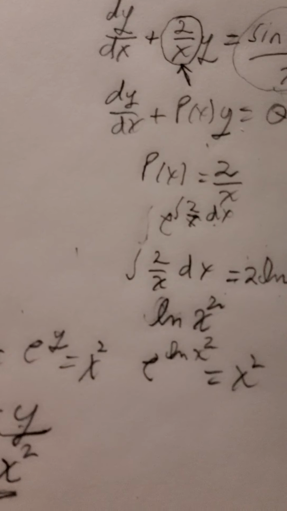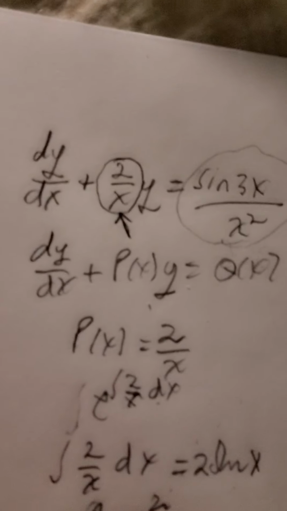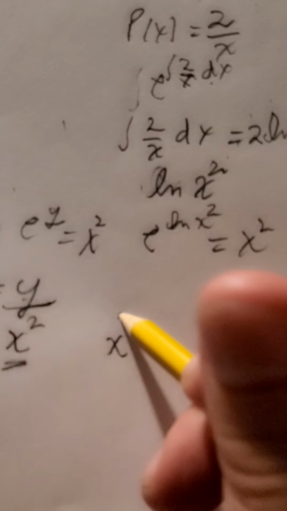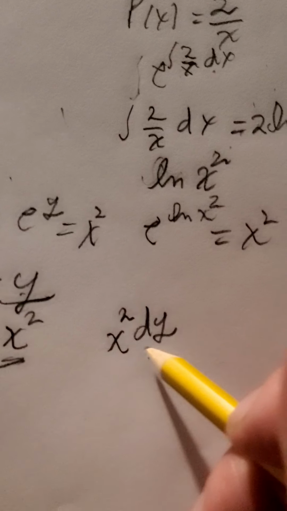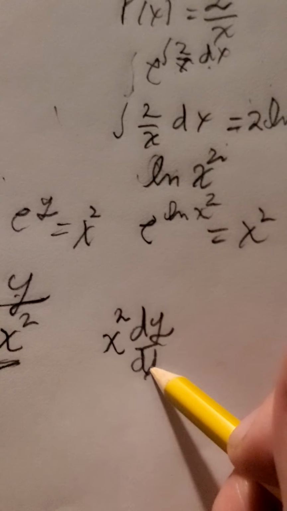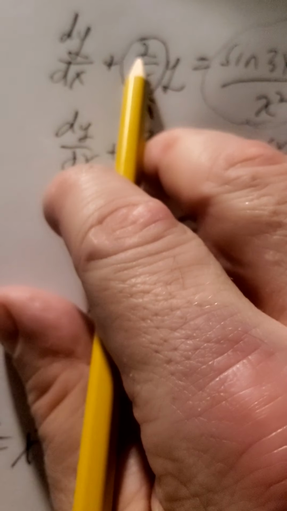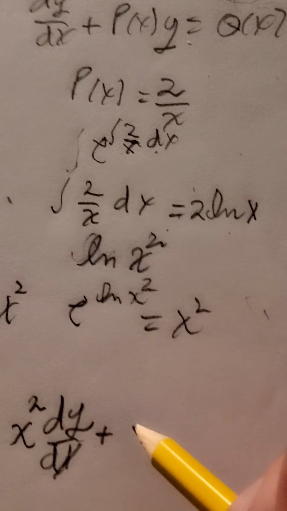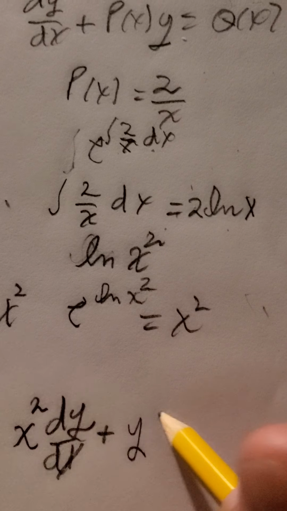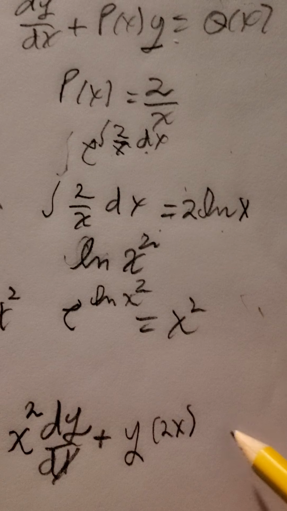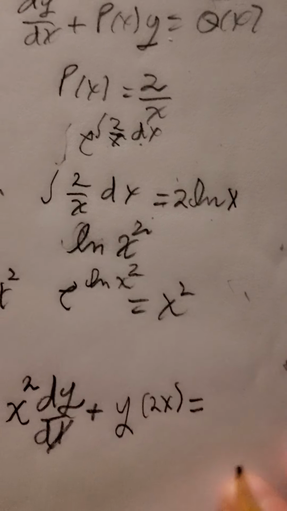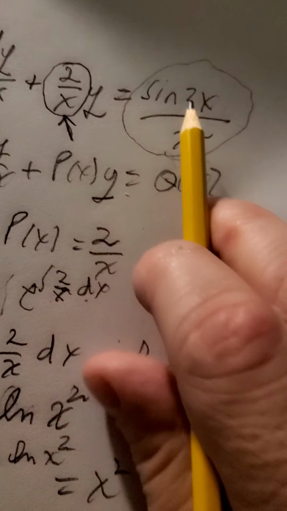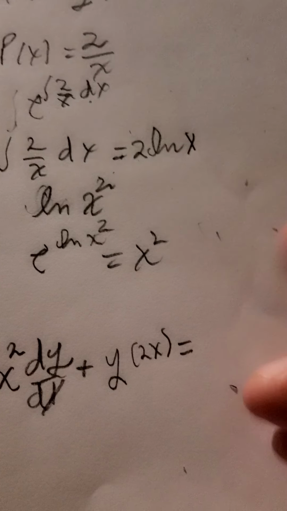So now I'm going to multiply everything by x squared on this equation here, and see what happens. Okay, so I have x squared dy dx plus x squared multiplied by this is just going to be 2xy, but I'm going to write it as y times 2x, and I'm going to set that equal to, if I multiply this by x squared, just sine 3x.